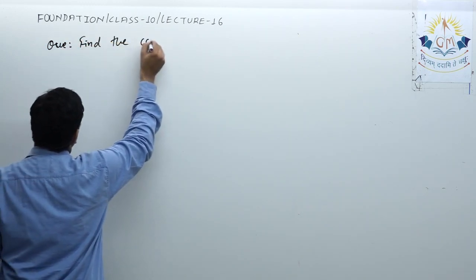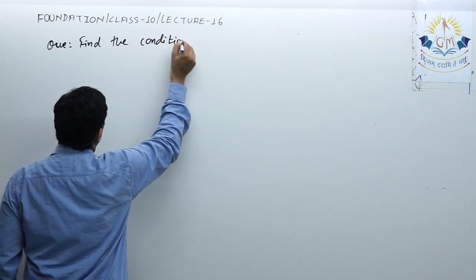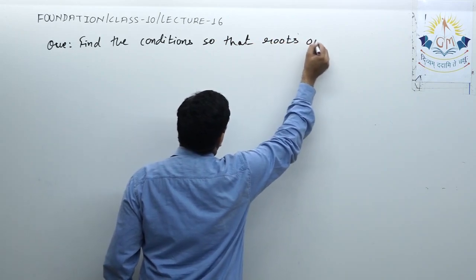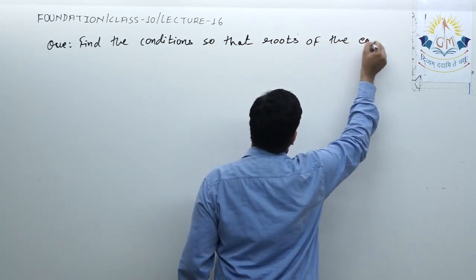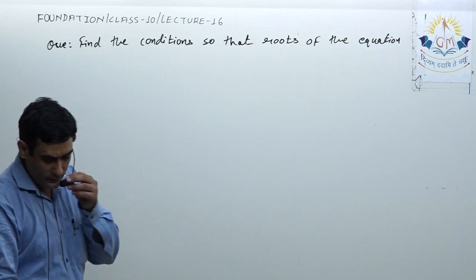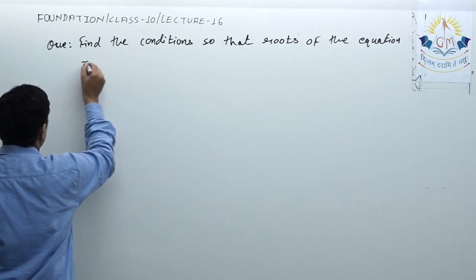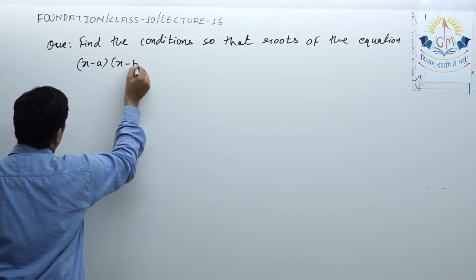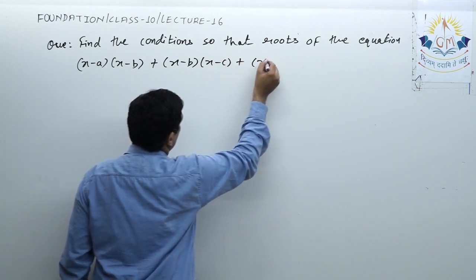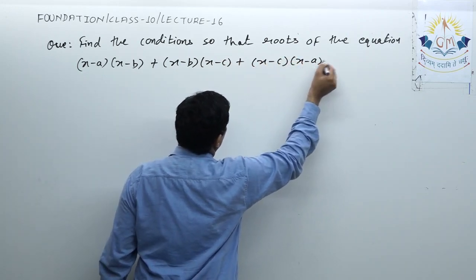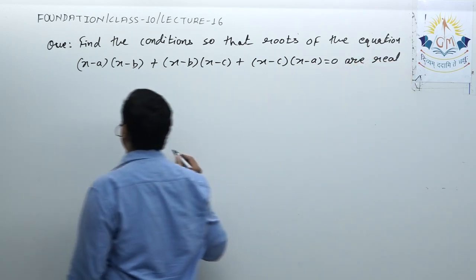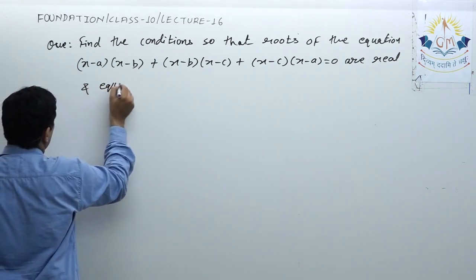Find the condition so that the roots of the equation (x minus a)(x minus b) plus (x minus b)(x minus c) plus (x minus c)(x minus a) is equal to 0 are real and equal.